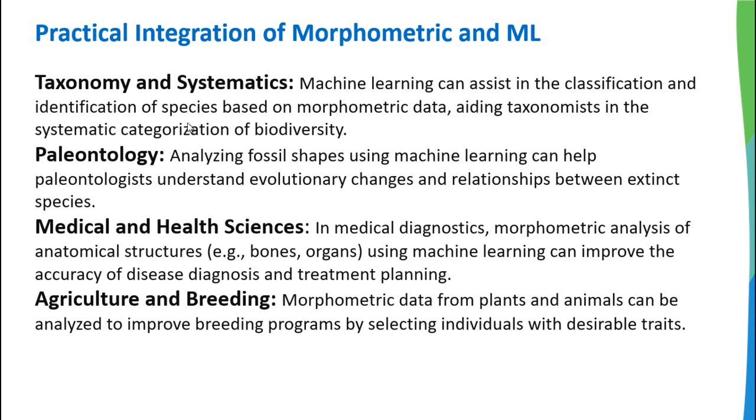Also in medical and health sciences, morphometric analysis of anatomical structures, e.g. bones, organs, and so on, using machine learning can improve the accuracy of disease diagnosis and treatment planning, like the one we are doing now. And in breeding, morphometric data from plants and animals can be analyzed to improve breeding programs by selecting individuals with desirable traits.